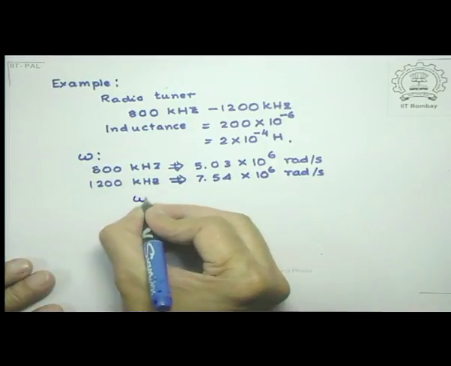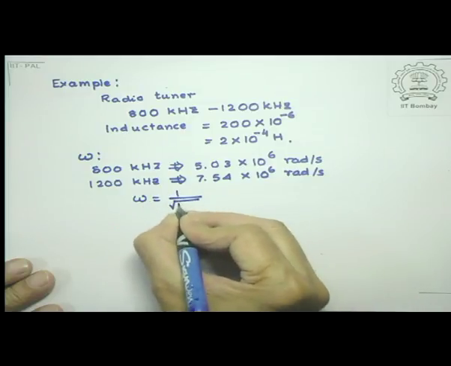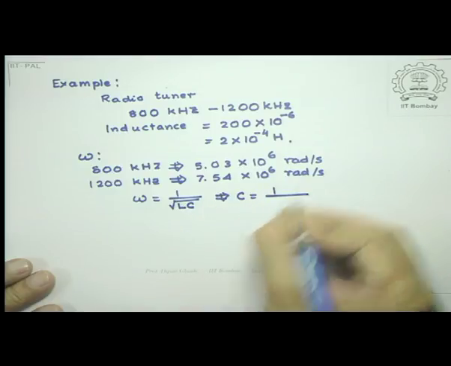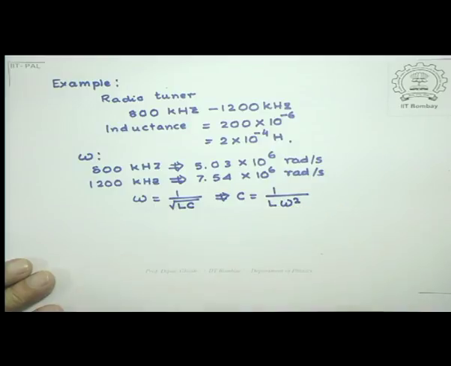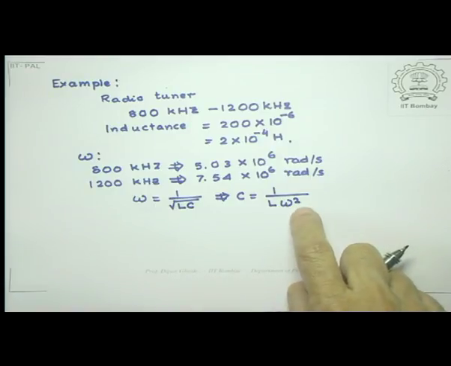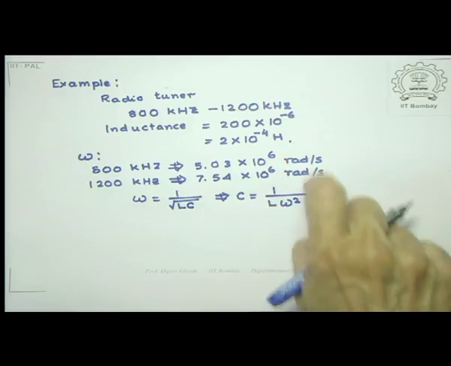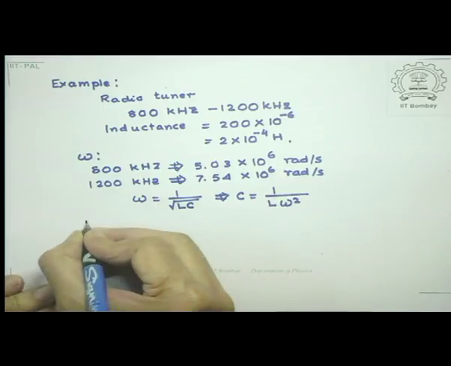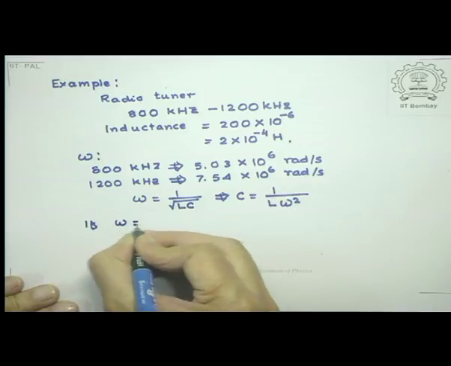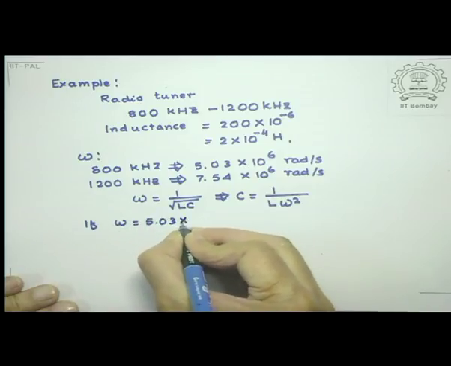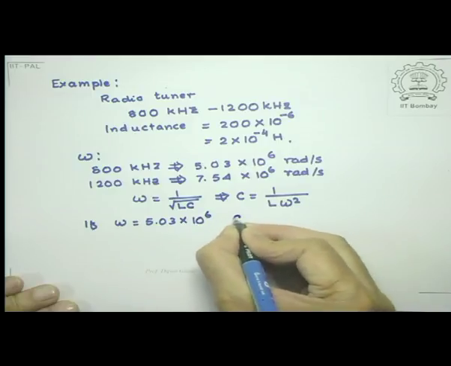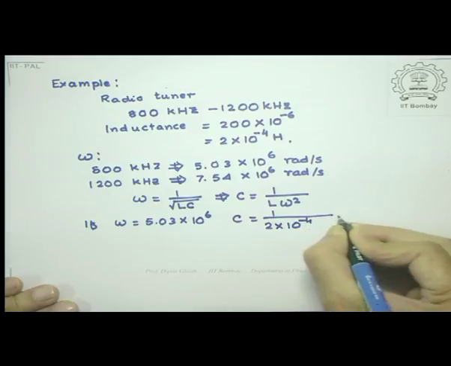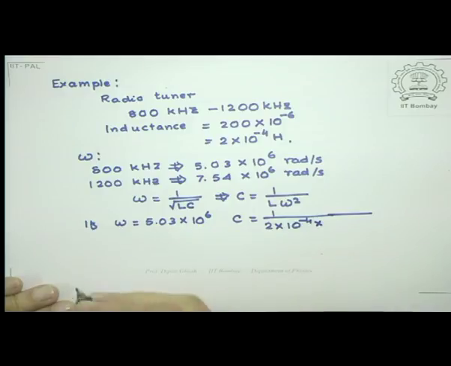But I know that omega is 1 over square root of LC, which tells me that the capacitance is given by 1 over L omega square. So all that we now have to do is to put the value of L and substitute the values of the two ranges of omega. So if I take the first case, omega equal to 5.03 into 10 to the power 6, I get C equal to 1 over 2 into 10 to the power minus 4 times omega square, so it is 5.03 square.